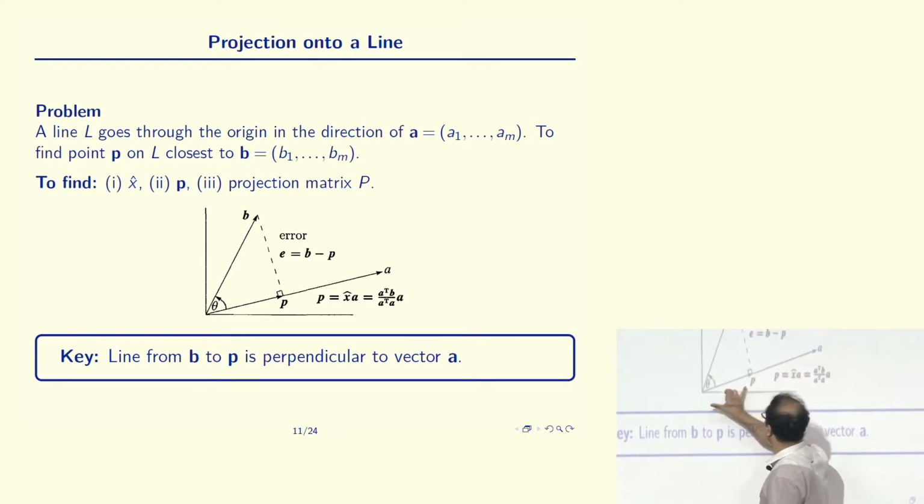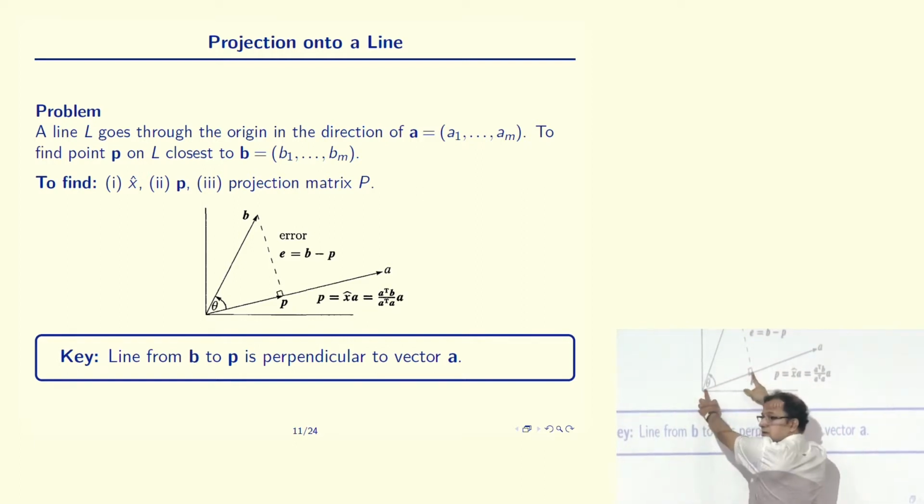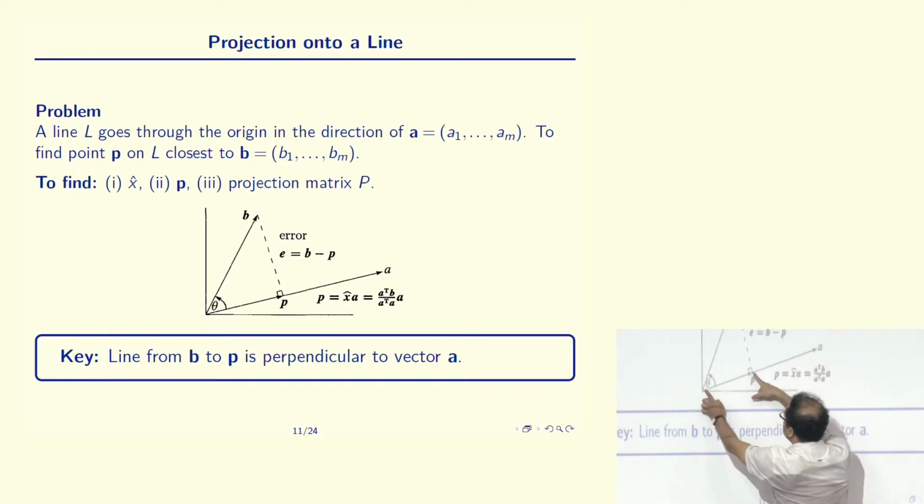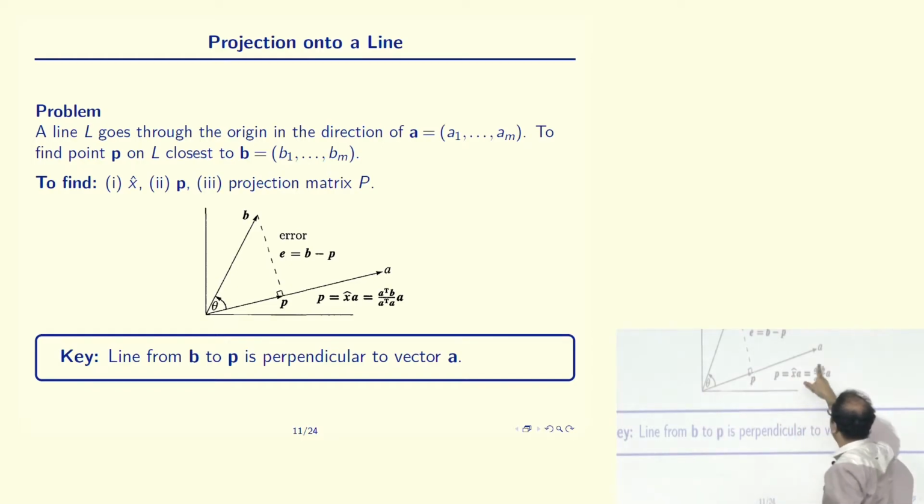So we have to find the length of this vector P. Basically we can write P as x cap into A, because x cap is a scalar multiplier. We are multiplying A by a scalar quantity so that we get this length. And how are we getting this?